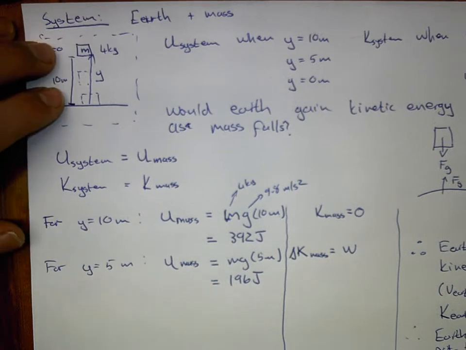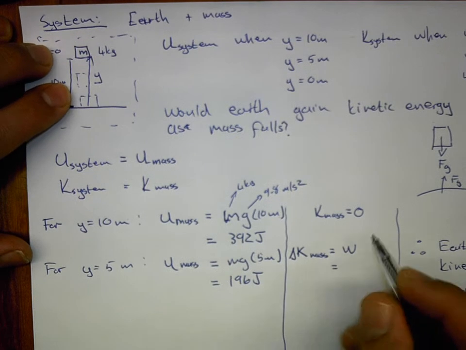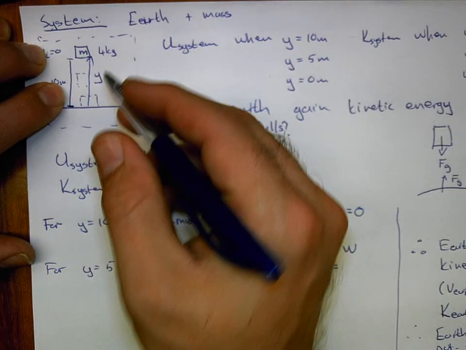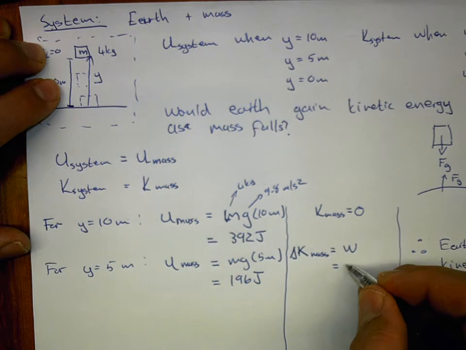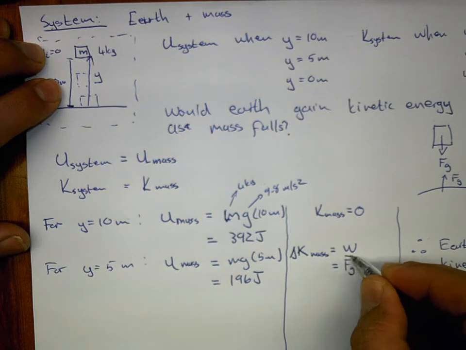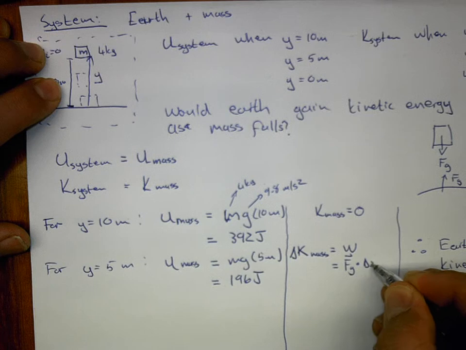Now the work done on the object is just equal to, there's only one force acting on this object, its weight. So the force is going to be Fg dot displacement. Let's call it delta y.